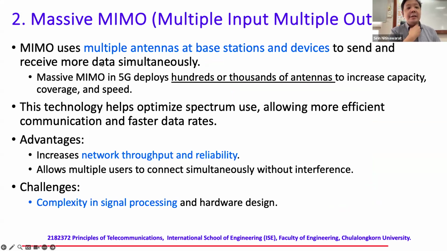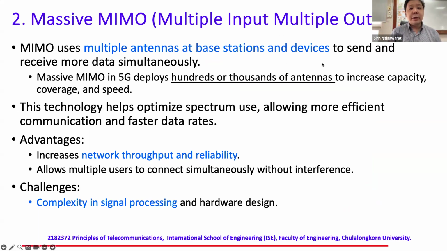MIMO, as the name suggests, is the use of multiple antennas, okay, at both the base stations and devices. Of course, at the base stations or cell tower, right, it's larger, so you can use many more antennas, okay, than in your smartphones, okay.